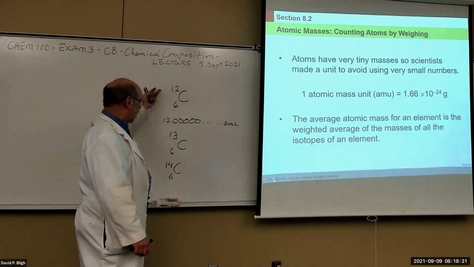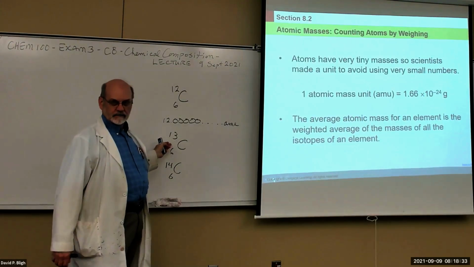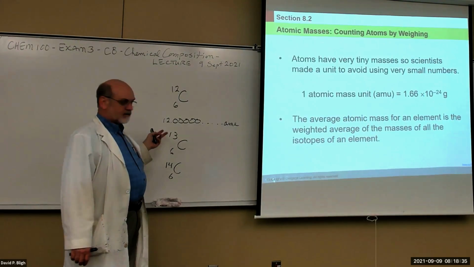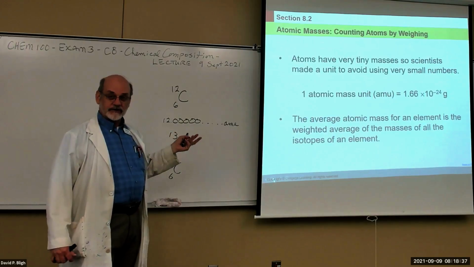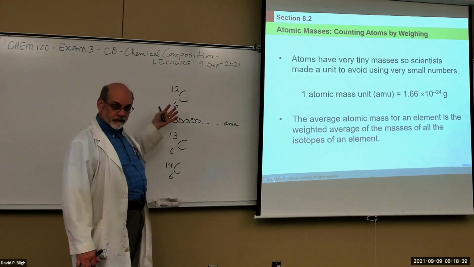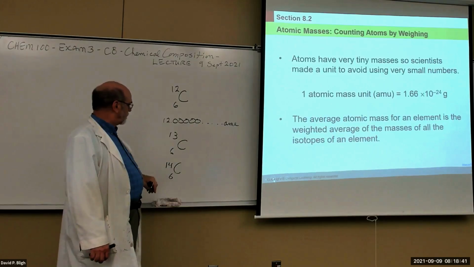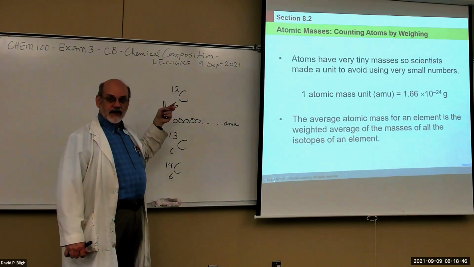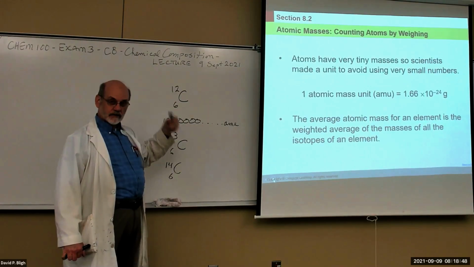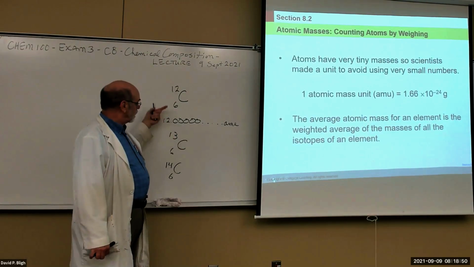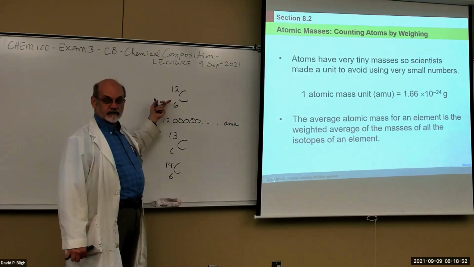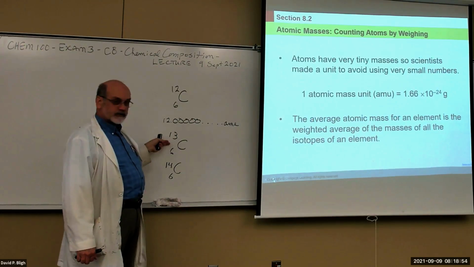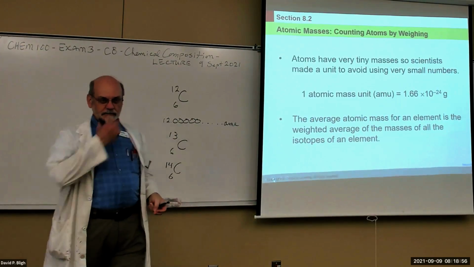Well, if this one's going to be 12 and that one's going to be 13 point something, then the average value has to be weighted for those abundances. So most of them are this. So the value that is reported for an average carbon atom will be close to 12, but it'll be influenced by the numbers here.